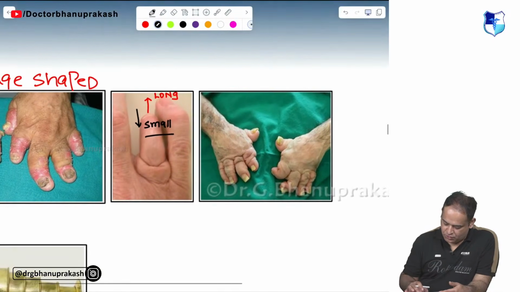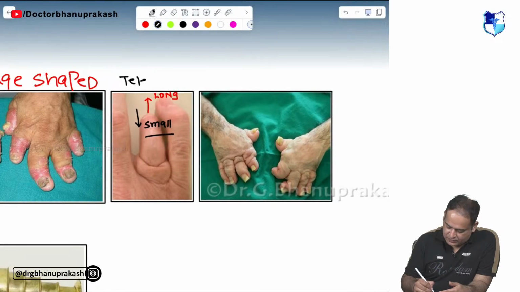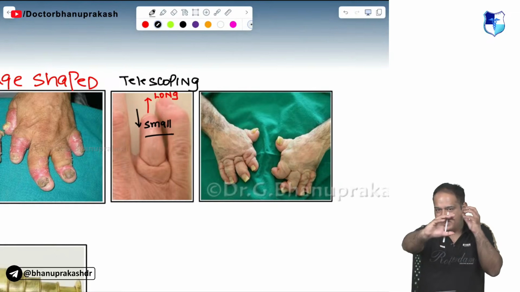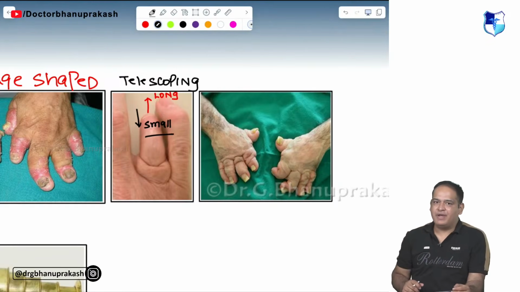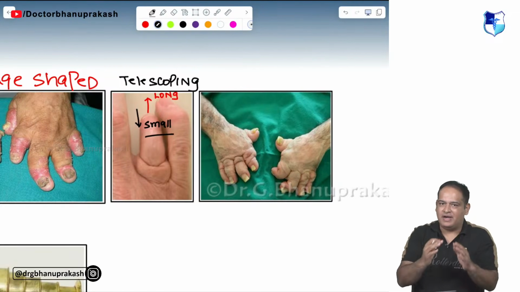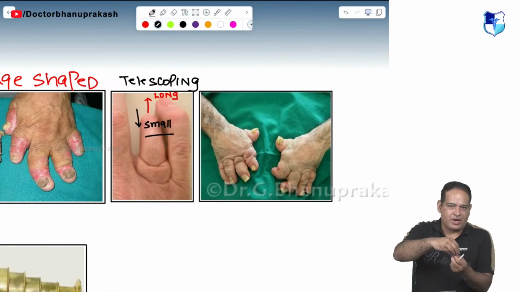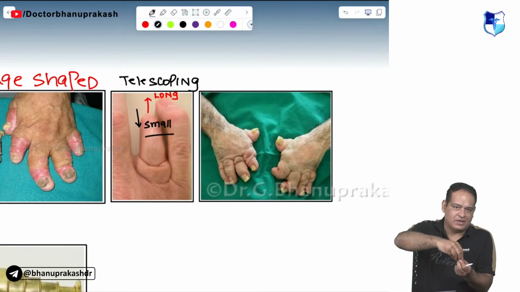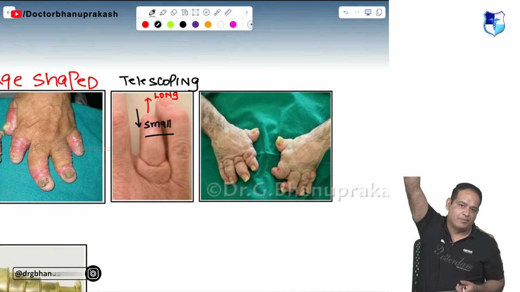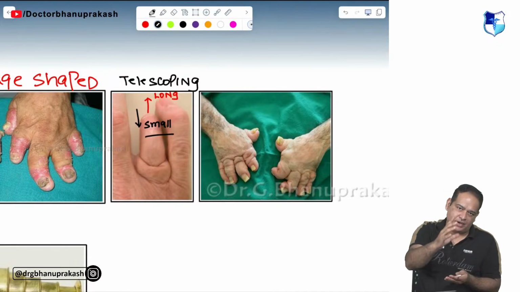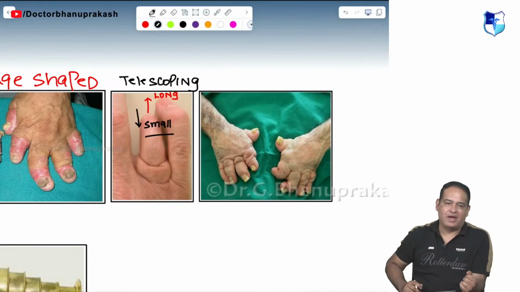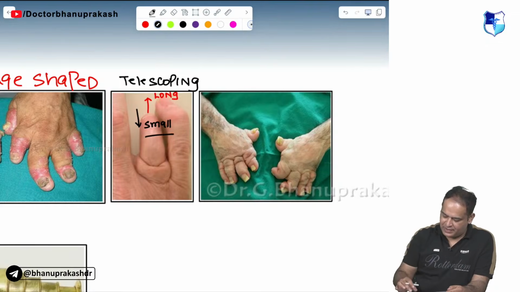Fine. So this is telescoping, like a telescope. You pull it, it becomes long. You release it, it becomes small. जैसे वो पुराने कॉर्डलेस फोन में एंटीना होता था, एंटीना खींचो, एंटीना लंबा, एंटीना दबा दो, एंटीना छोटा. That is what happens with the fingers, right?